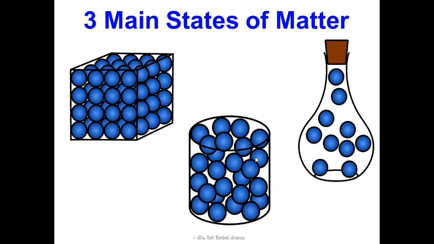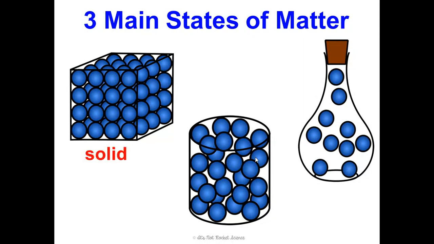So here are three main states of matter. We have solid, liquids, and gases, and we can see how the molecules look in each one of those, so make sure that you're aware of that. And I believe you should have these pictures as well in your book or on your pages here, and I think hopefully they're in color.